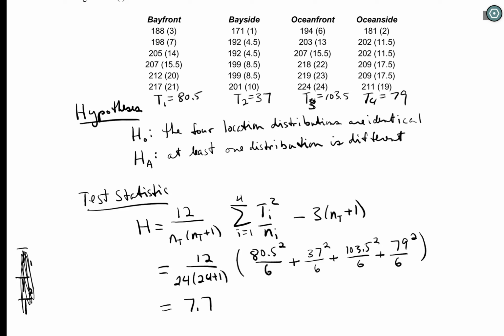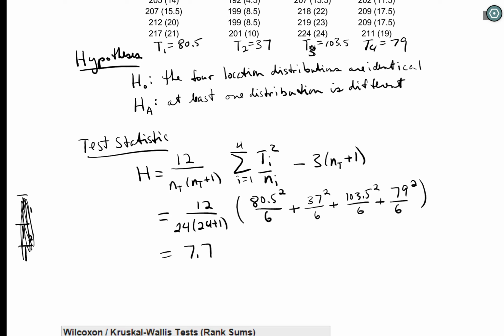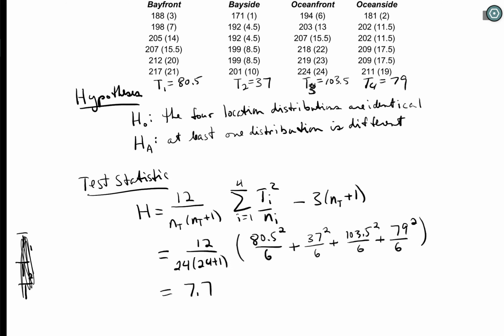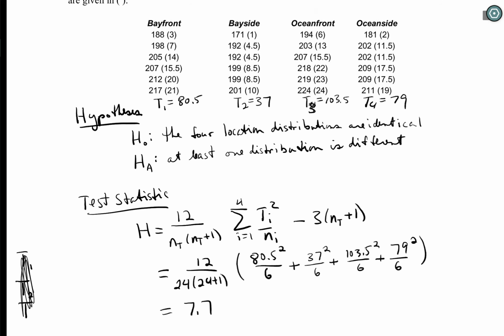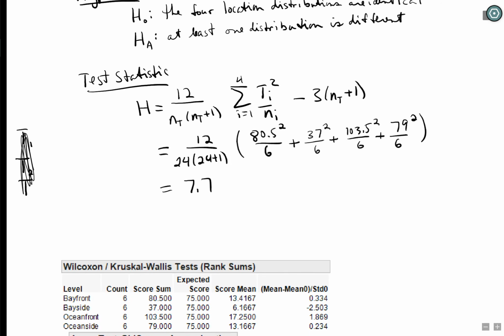Okay. Now, that quantity, if we compare that to a chi-squared critical value, I'm kind of out of space here. Let's see.